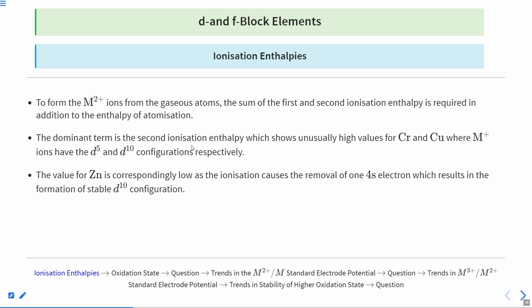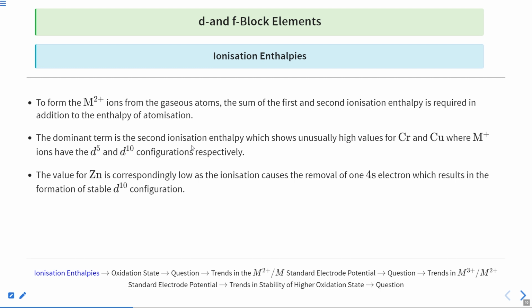Clear? And this energy is in addition to the enthalpy of atomization. If you make ions from a metal, first you have to change the metal to its gaseous state, and after that you have to remove electrons one by one to make M2+.